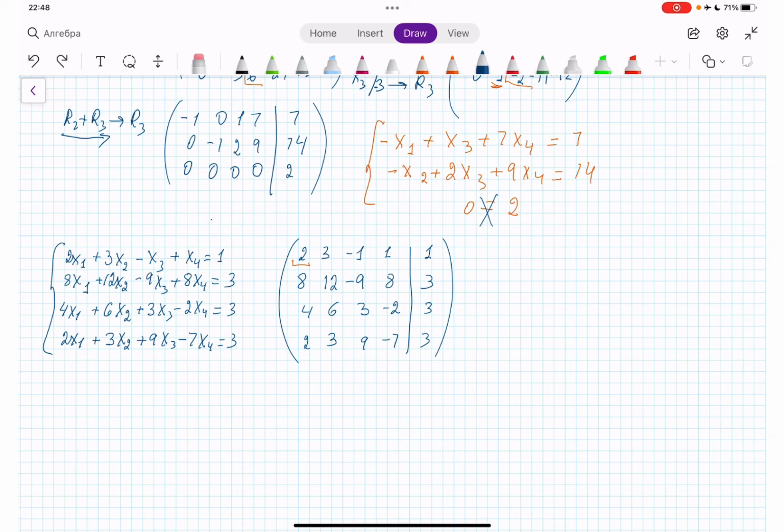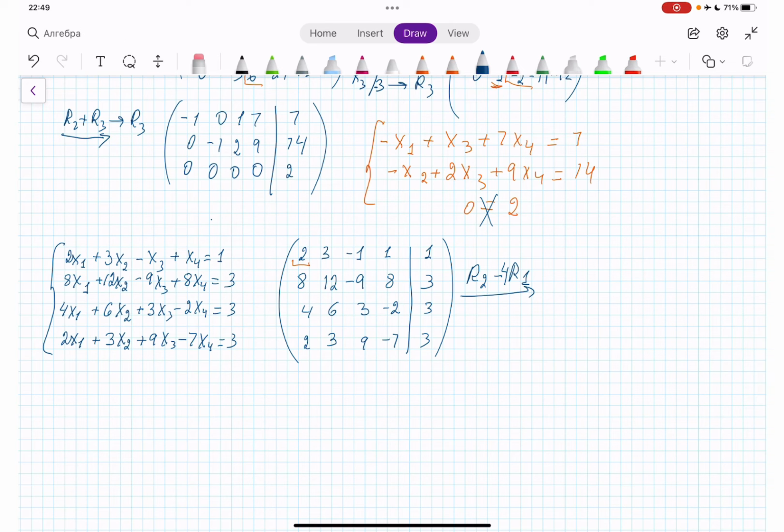Okay, so what we are going to do, first of all, to get a 0 where 8 is, I'm going to multiply first line by 4, and do R2, second line minus first line multiplied by 4. At the same time, I'm going to fill out with 0 the third one and fourth one also. I can do it at the same time.